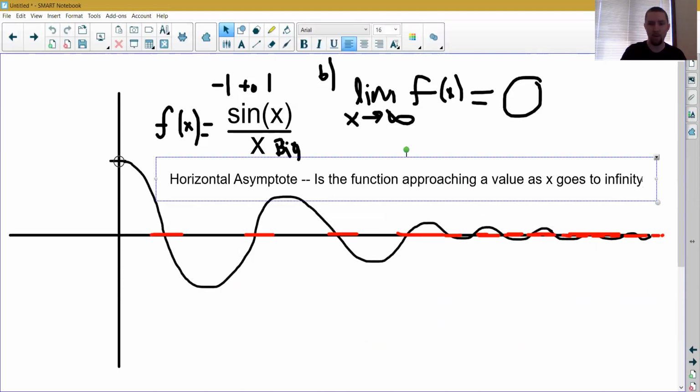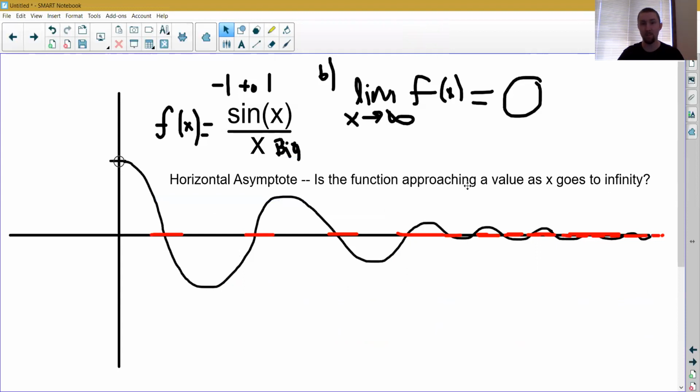What value is the function approaching as x goes to infinity? It's basically a limit question. Okay, it's a question of what is the limit as x goes to infinity? So I don't care how many times you've crossed over that horizontal asymptote. Okay, a function has a horizontal asymptote if it approaches a specific value as x goes to infinity, and that value is the horizontal asymptote. So in this case, y equals 0 is absolutely a horizontal asymptote.